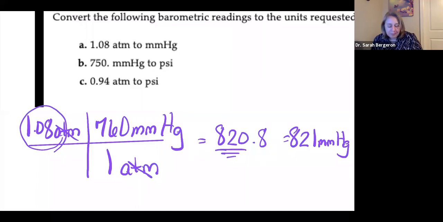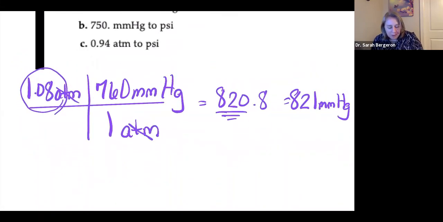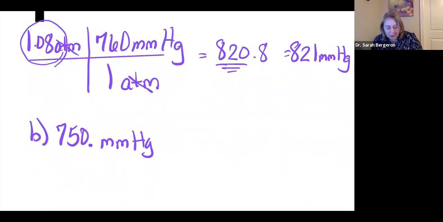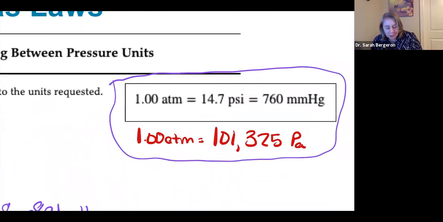Okay. All right, B. B, we are starting with 750. with a decimal point, so that's telling us that all of those digits are significant. Millimeters of Hg, and I'm trying to go to PSI. So if we look over here, we know PSI is right here.